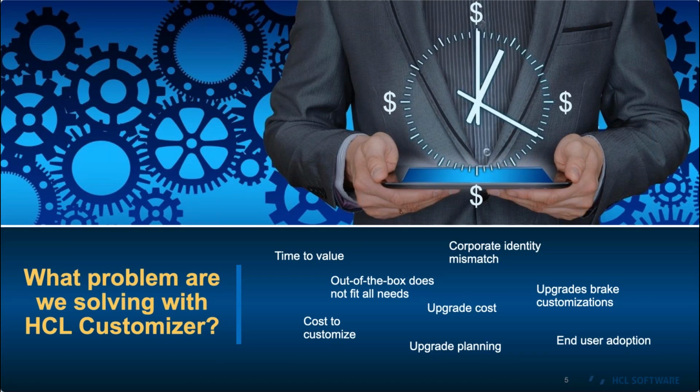That is the general problem that we're trying to solve, right? You have that with any off-the-shelf, out-of-the-box software. Customizer comes in at this point to help your organization to get to an environment that you can customize without the typical headache that you get when you have to do heavy lifting with the customizations.